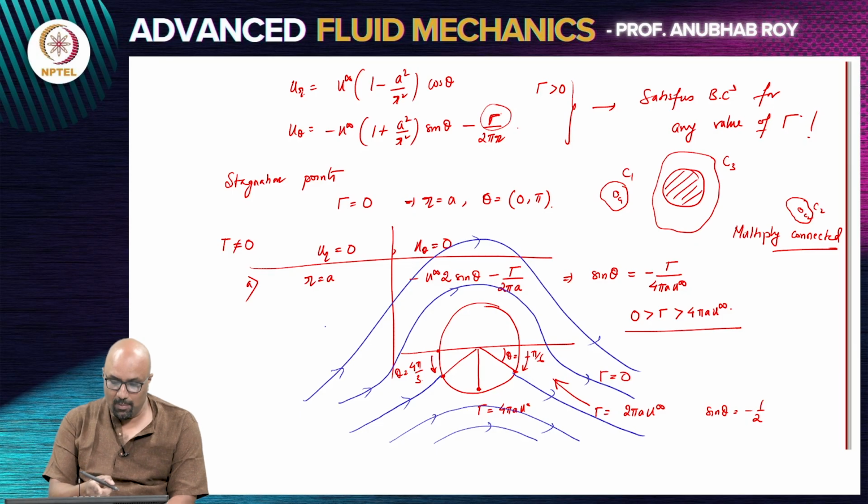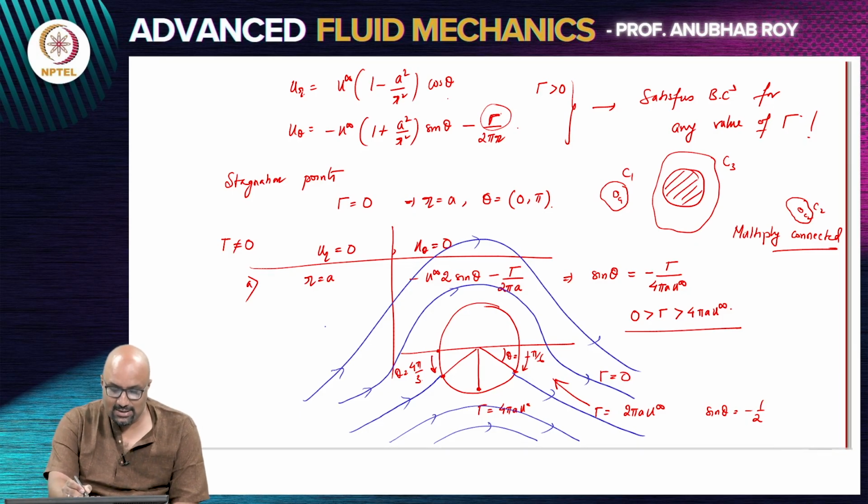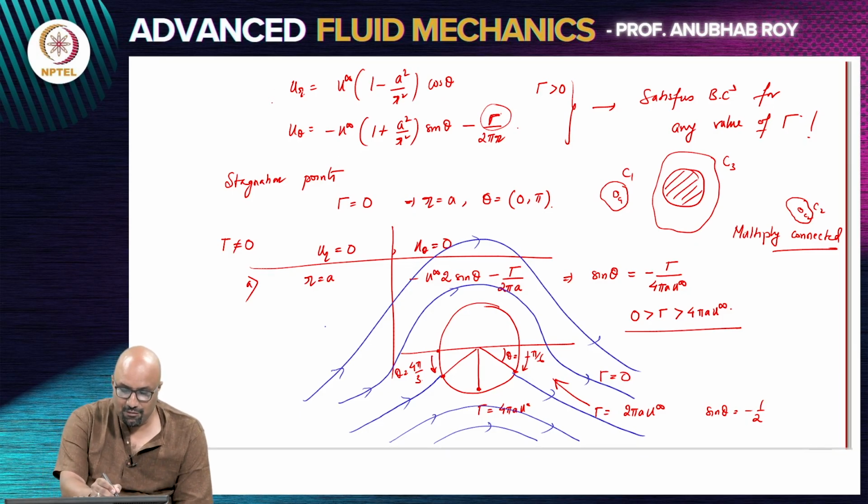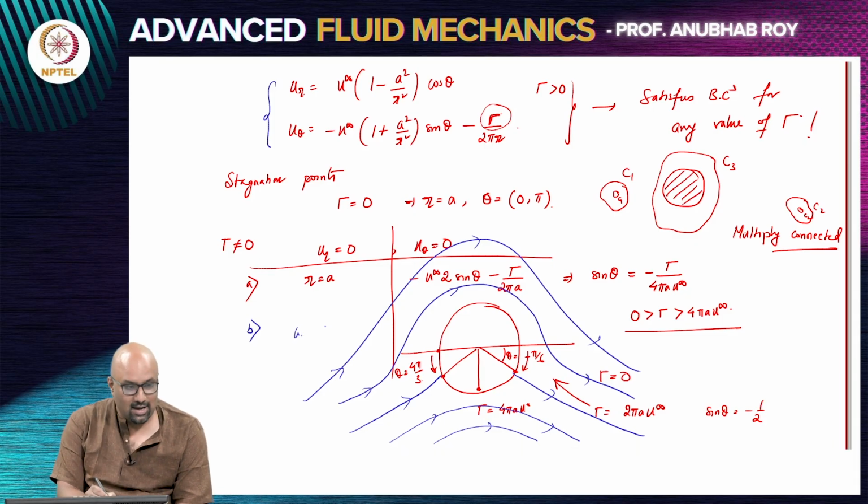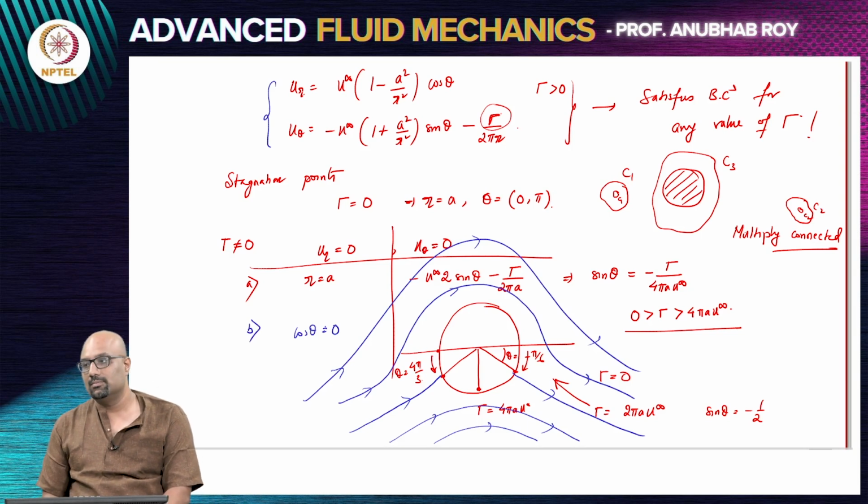Now if you go back to this, you realize that in the equations for u r and u theta to both go to 0, there is a second possibility that instead of r equals a, it is cos theta equals 0. The possibility of cos theta being equal to 0 is also going to give you a stagnation point because your radial velocity is 0.